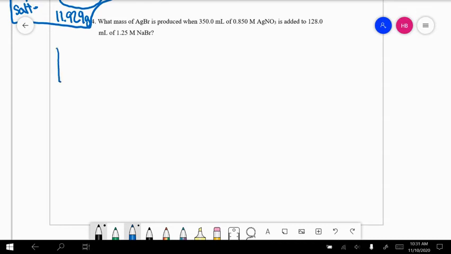So I have a beaker that has 350 milliliters. And I'm going to add it to a beaker that has 128 milliliters.